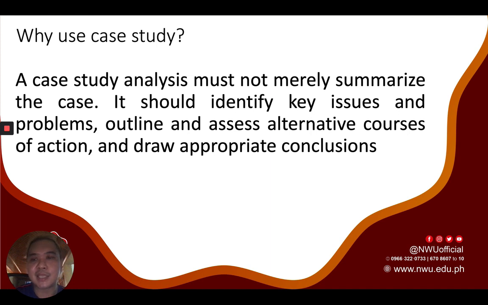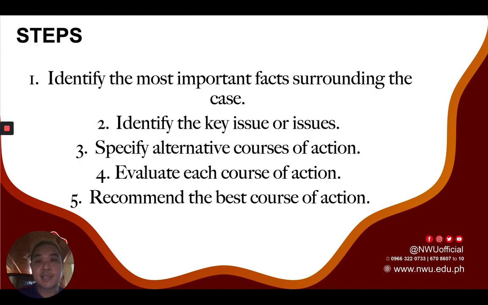The main objective of a case analysis is for you to give possible alternative solutions or alternative courses of action, and then assess these alternative courses of action, give the pros and the cons, and then draw the appropriate conclusion or conclusions. The case study analysis therefore can be broken down into 5 steps.